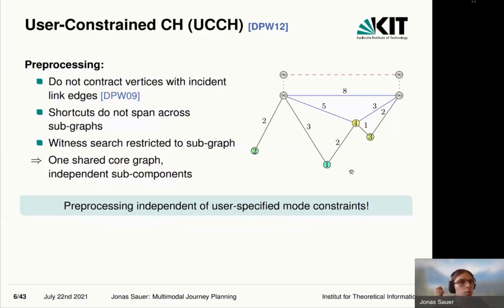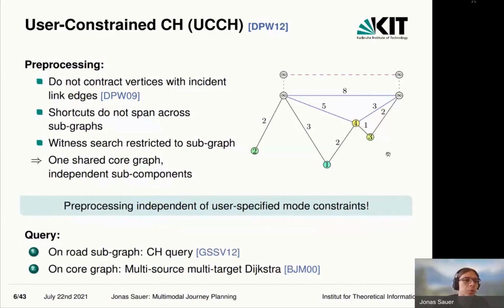Some users might want to use e-scooters, others might not. So we have different modal constraints depending on the user. And because we do not contract across subnetwork boundaries, this preprocessing is independent of the user specified modal constraints.